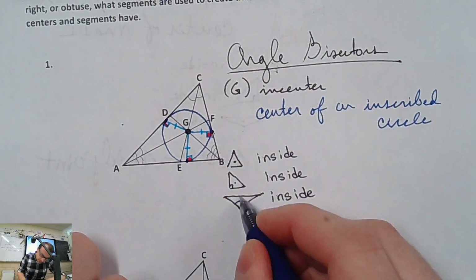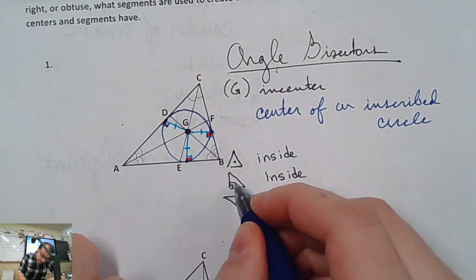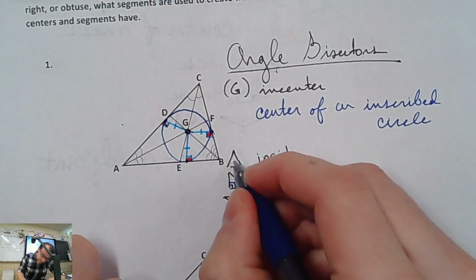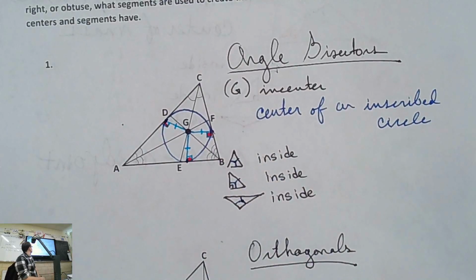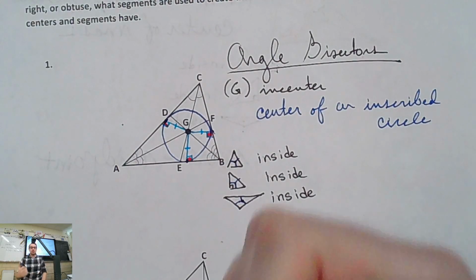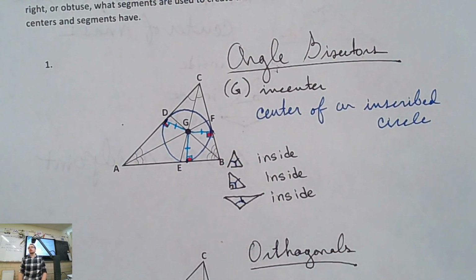So all of these are the same distance from their sides. So the angle bisectors all intersect at a point, and it's always inside the triangle because that point is the in-center, and the in-center is the center of an inscribed circle. A circle that's inside the triangle. Now, if we have a circle, we know that we have radii, right?